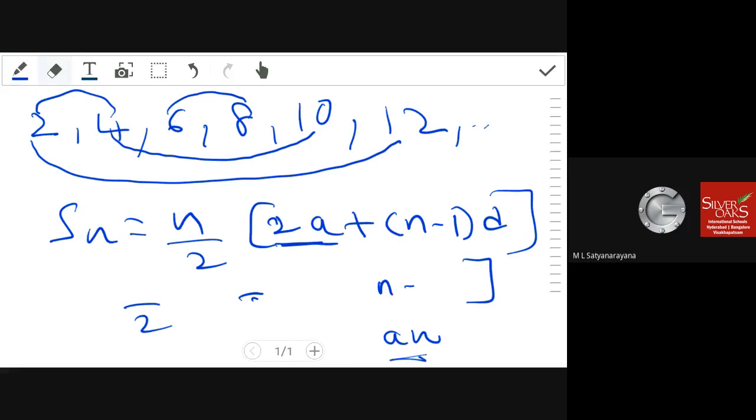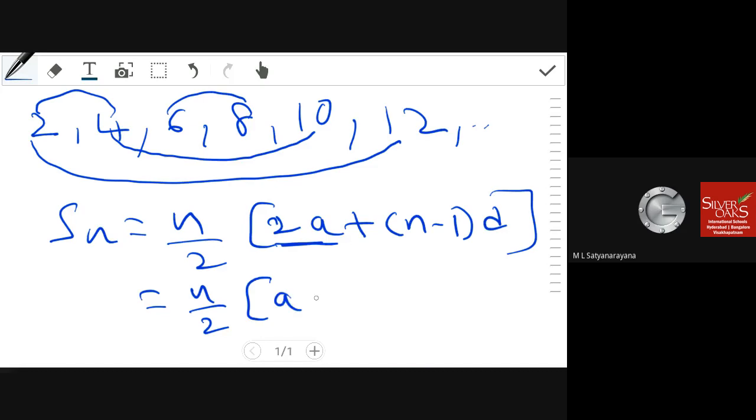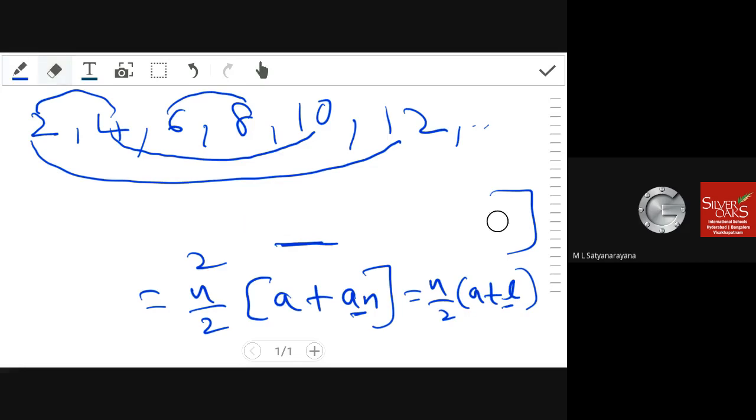So you can simply write this as n by 2 into (a plus an), or n by 2 into (a plus l). an or l represents the same. L is for the last term, an for the nth term. The nth term can be the last term. And we did a lot of problems based on this, sum to n terms and finding the nth term.